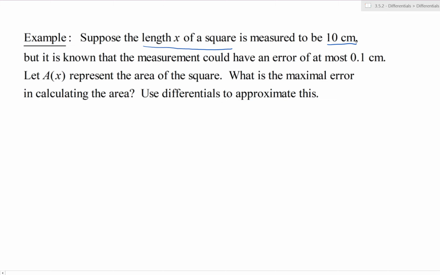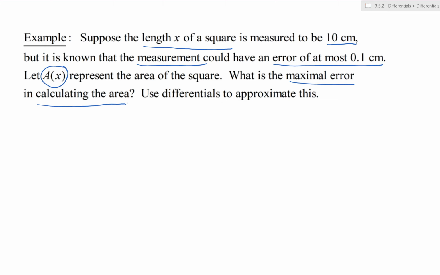But we know that the measurement we just took could have an error of at most 0.1 centimeters. You measure something, there might be a little bit of error involved. Let A of x represent the area of such a square. The question is, what is the maximal error in calculating the area of such a square? And let's use differentials to approximate this.